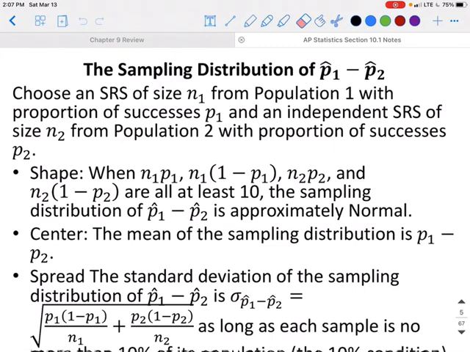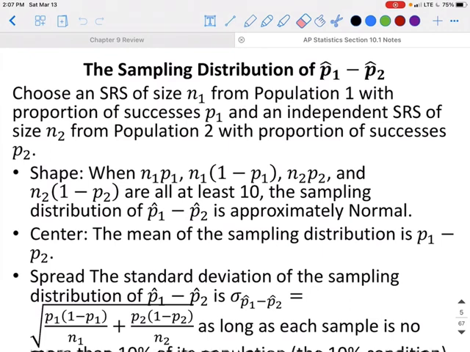So suppose we choose a simple random sample of size n sub 1 from population 1 that has a proportion of successes of P1, and an independent simple random sample of size n2 from population 2 with a proportion of successes of P2. First we need to check the shape.